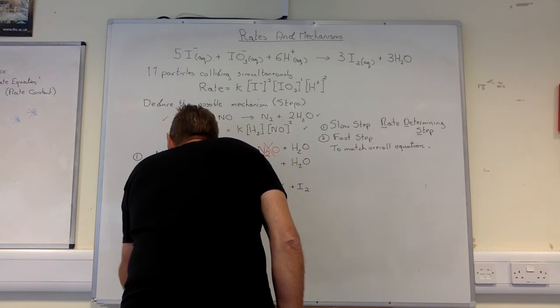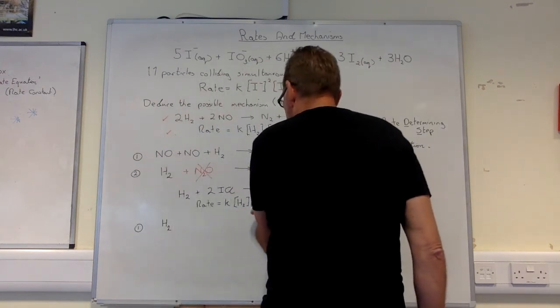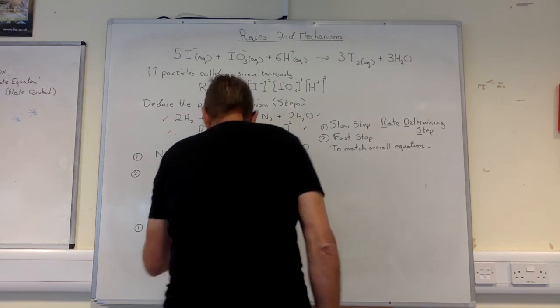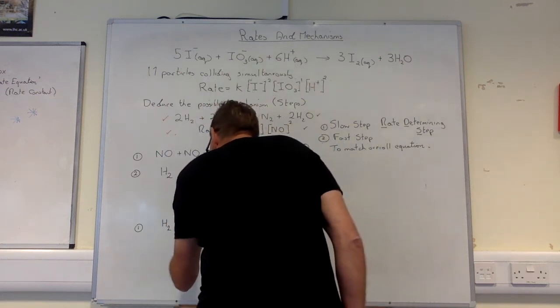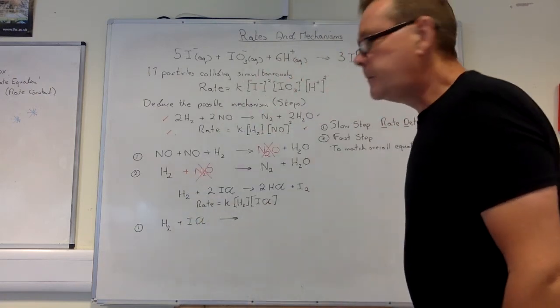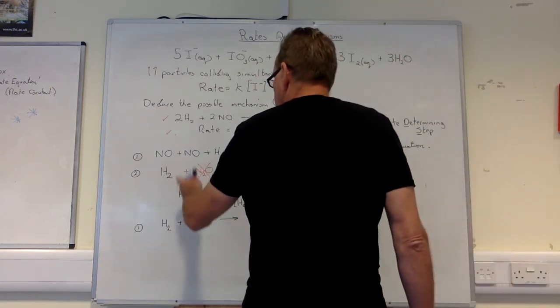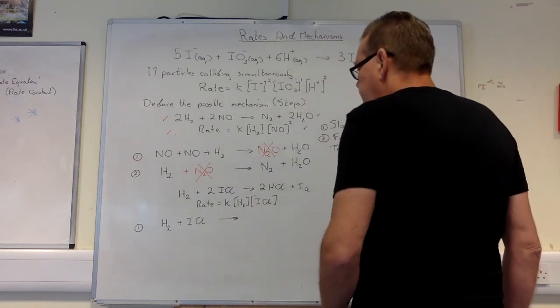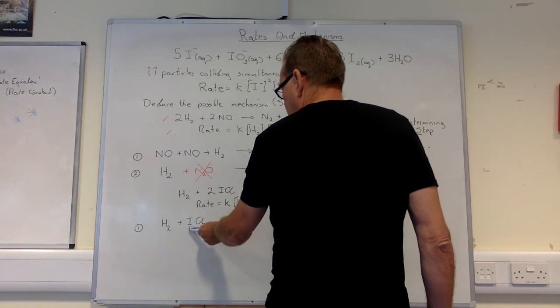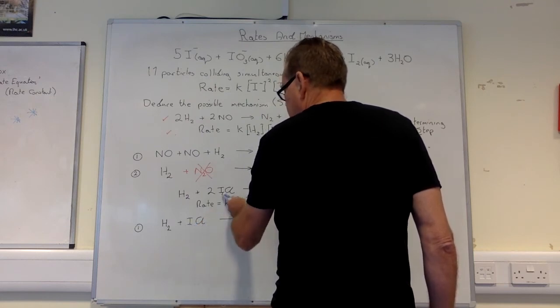H2, 1 particle, that's what it's telling us, collides with 1 particle, not 2, like the way before, because there's no second orders to make. We'll sort that later. Then you go to your overall equation. I've sorted the hydrogen in its first step, and I've dealt with 1 of these ICls, but there's 2 of them.